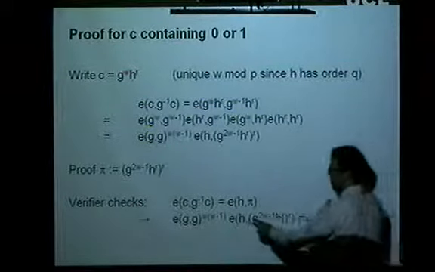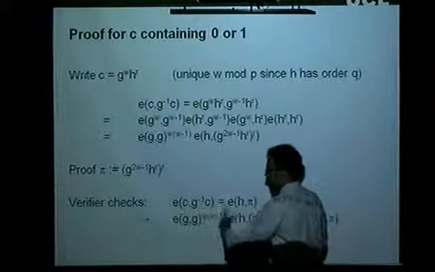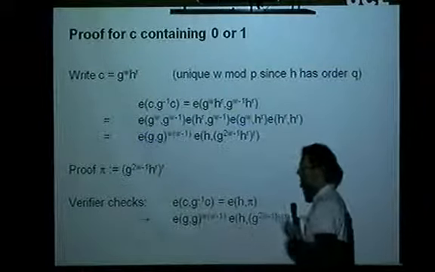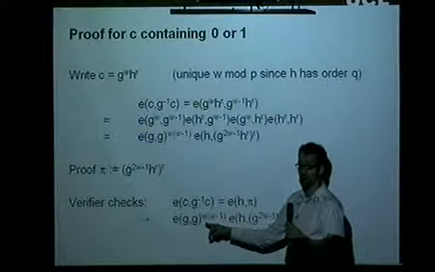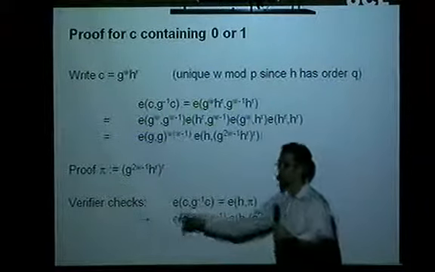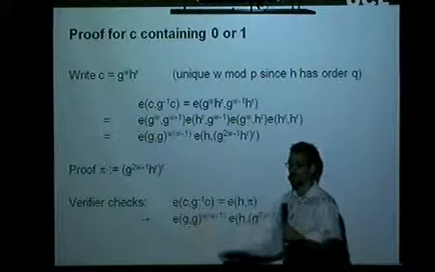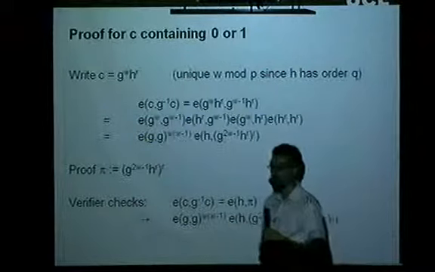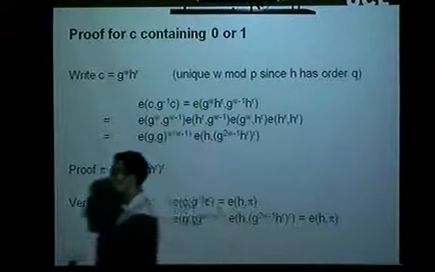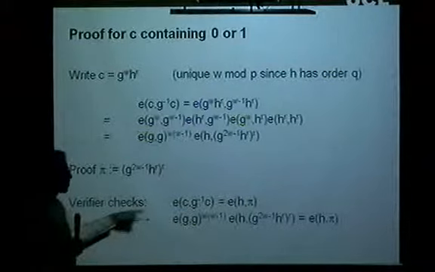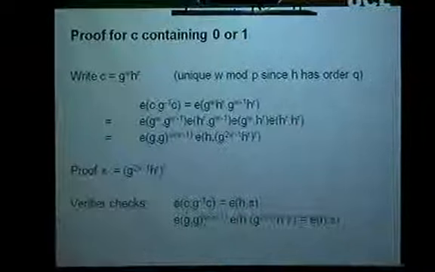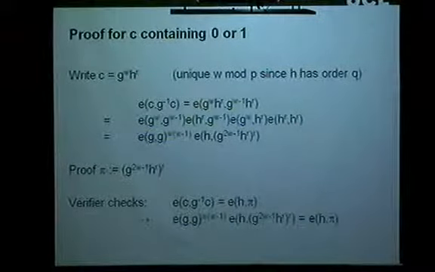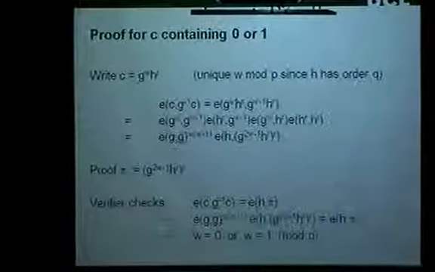So this thing here is the only thing that may not have order q. And indeed, if w is different from 0 and 1, it will be something that is non-trivial in the order p subgroup. Okay? So in other words, if this equality holds, this thing here must be 0, and we can conclude that w is 0 or 1.